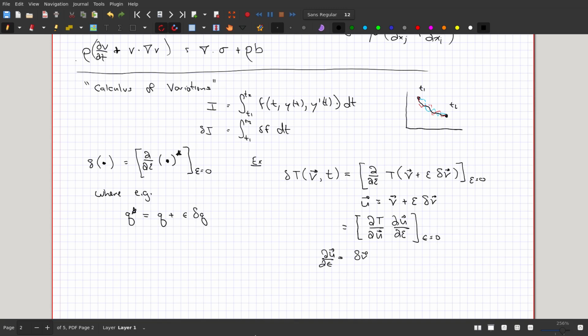Also, U evaluated at epsilon equal to 0 is just V. So the first factor becomes partial T partial V, because those are equal.